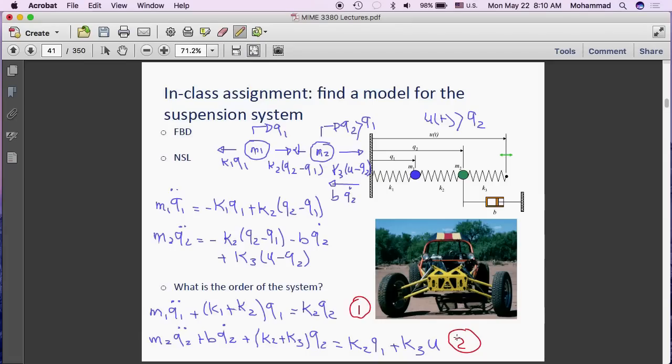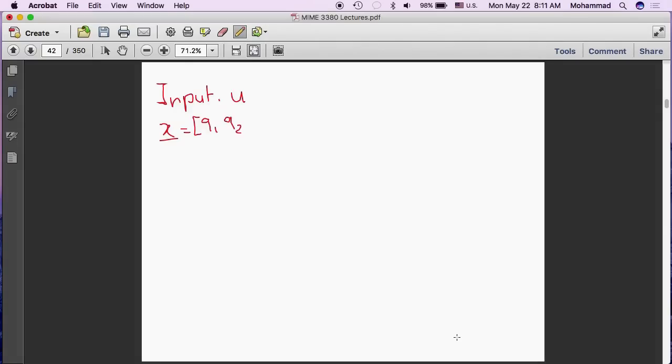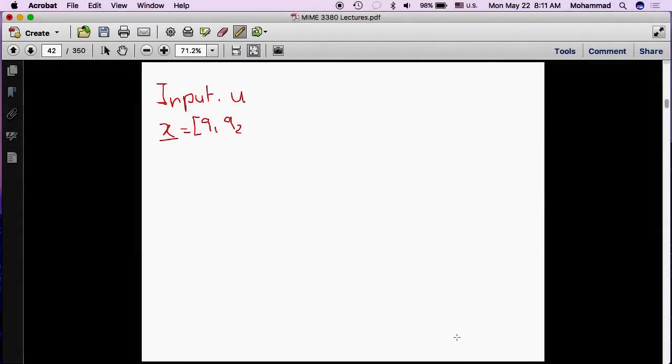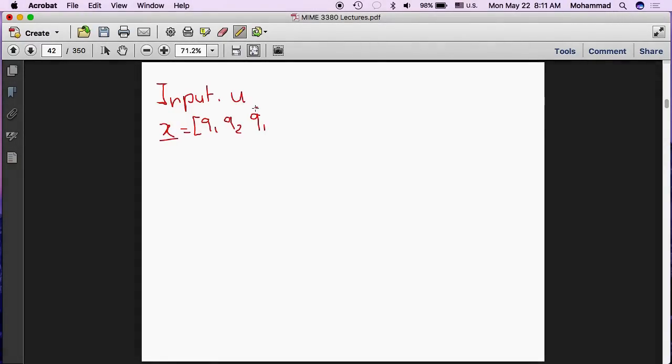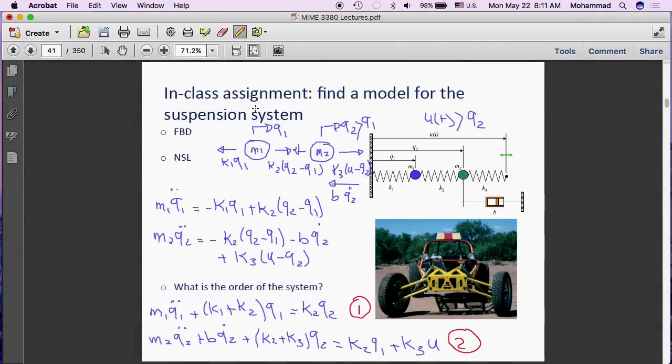So equation 1 gives you two state variables, and one of them obviously is Q1, but the second one is Q1 dot. I'm going to write it as the third state variable here. Let me show you the first equation again.